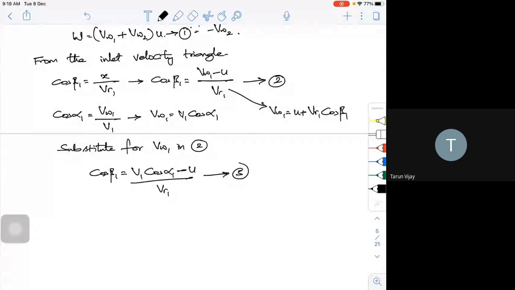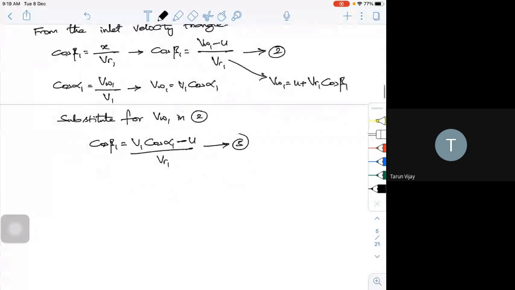Consider the exit velocity triangle, or the outlet velocity triangle. From the outlet velocity triangle, what is cos beta 2?